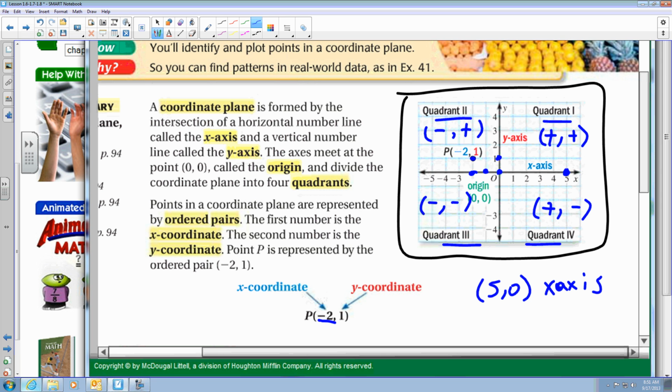So anytime our y-coordinate is 0, it's located on the x-axis. Same thing goes, like, say if I were to make a dot right here, that coordinate is 0, negative 3, and since our x-coordinate is 0, it's located on the y-axis. Okay?